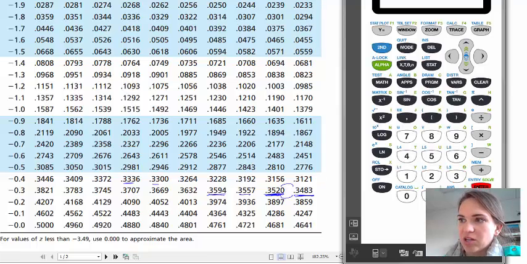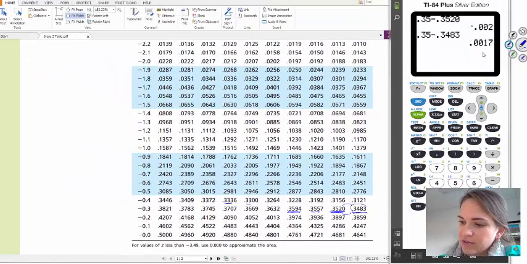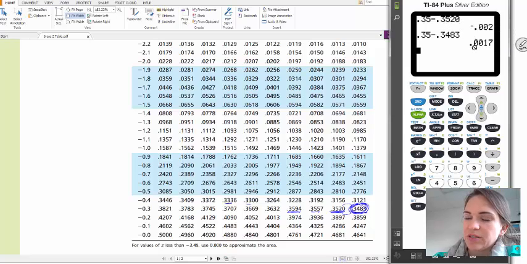Which one has a smaller difference? That answers this, not what I would have chosen on my own number sense. Good thing I checked. So 0.3483 is closer because the difference is only 0.001 versus 0.002.